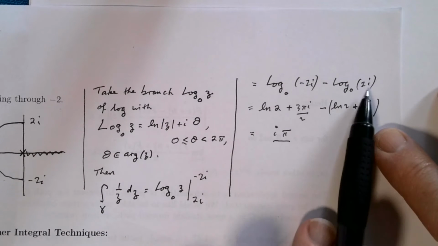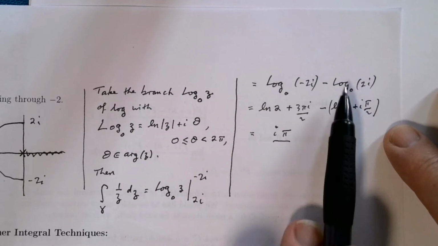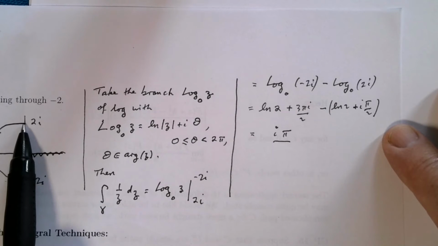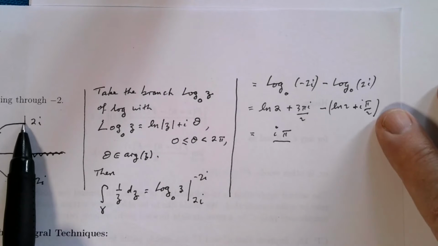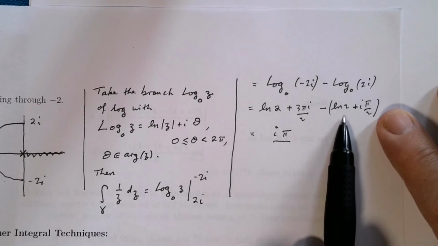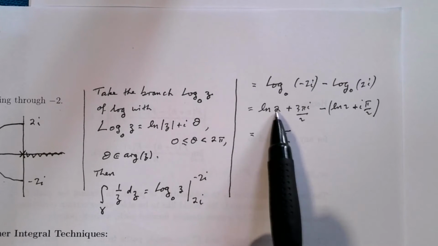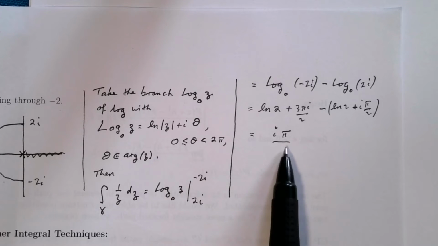This one is a bit easier because this is again going to be ln 2 for the log of the modulus, and the argument of 2i is pi on 2, so this is ln 2 plus i pi on 2 for the logarithm. The ln 2's cancel and I can simplify and I get i pi.